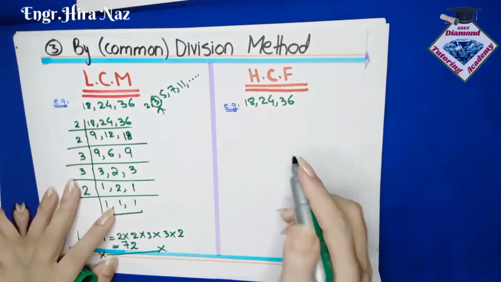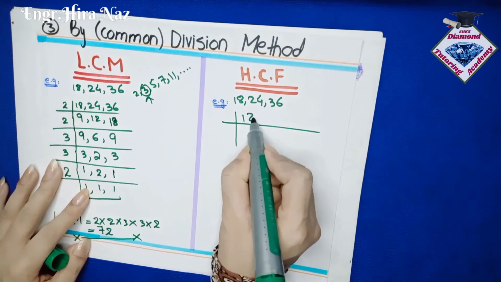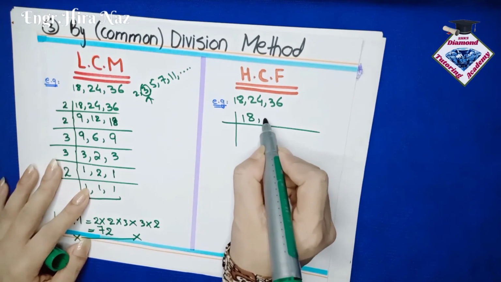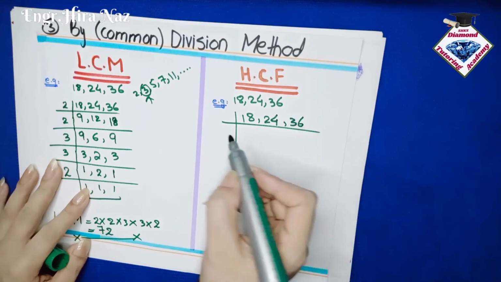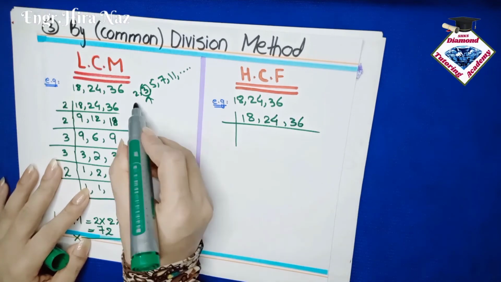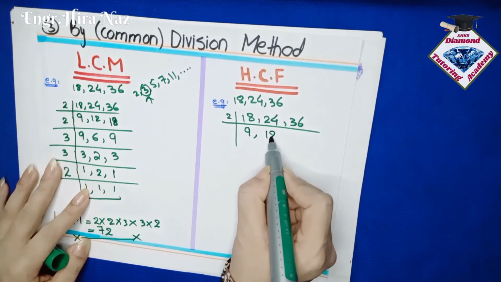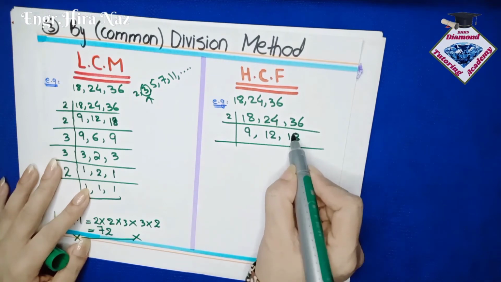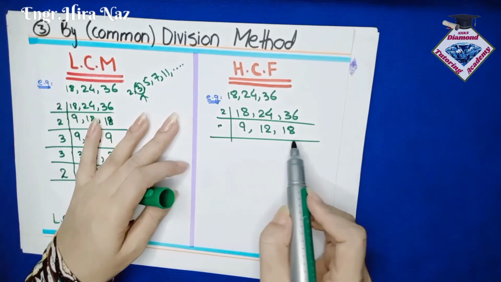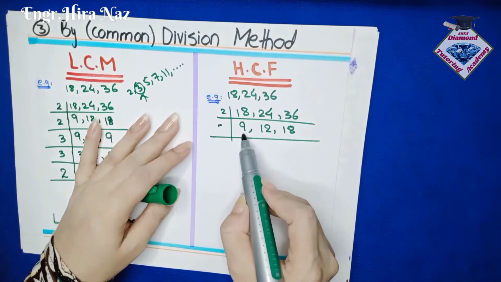Understand? But for HCF, what you have to do is, you have to divide all the numbers at the same time by the same divisor. Let's suppose we choose 2, and 2 times 9 is 18. 2 times 12 is 24. 2 times 18 is 36. Now here you can see 18 and 12 are even numbers, but 9 is an odd number.